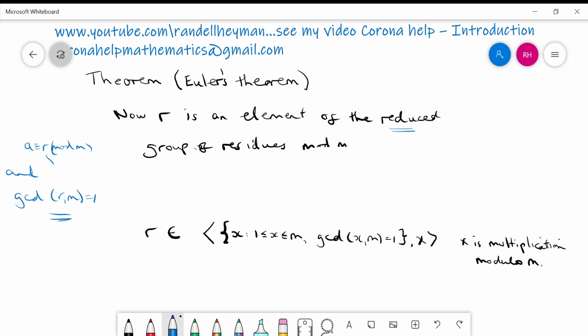This R here has got an inverse. So it's certainly between 1 and M, certainly got a GCD equal to 1, and as I said, the group structure involves multiplication modulo M. So I hope that's helped you with that sentence.